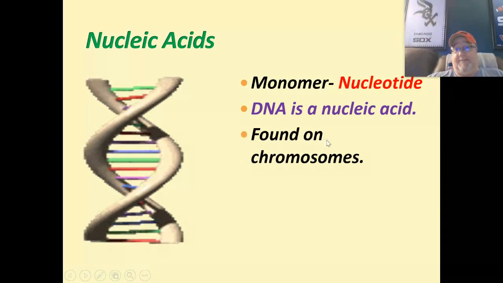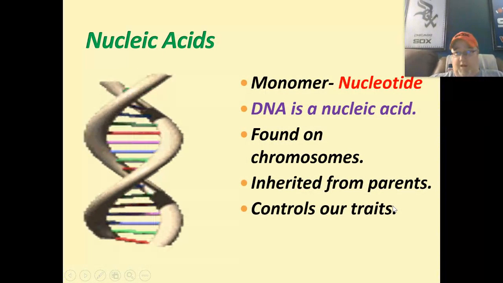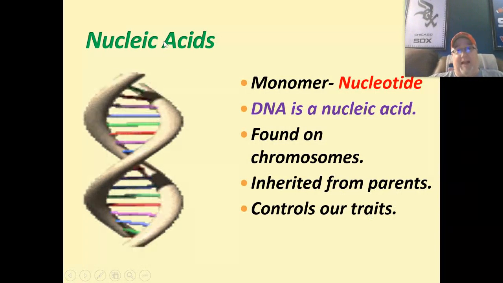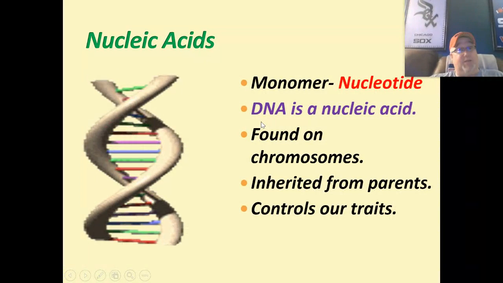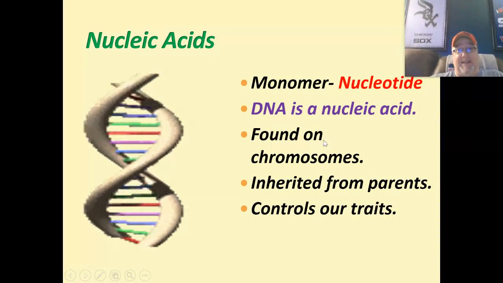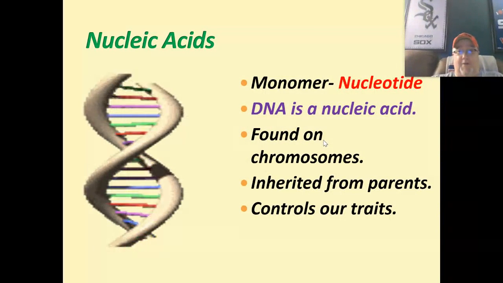DNA is found on your chromosomes, it's inherited from your parents, it controls all of our traits. Every living thing has nucleic acids. DNA is the most common one, even though there are other types of nucleic acids, but DNA is the one that gets the most publicity. We'll talk about some of the other ones down the road as well.